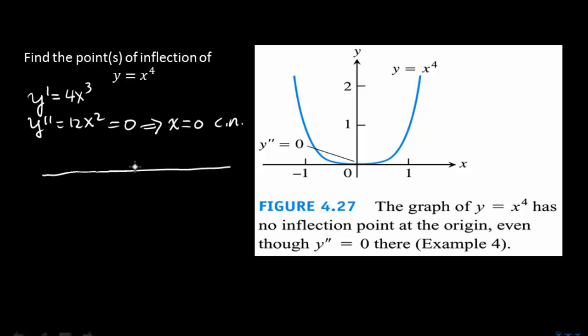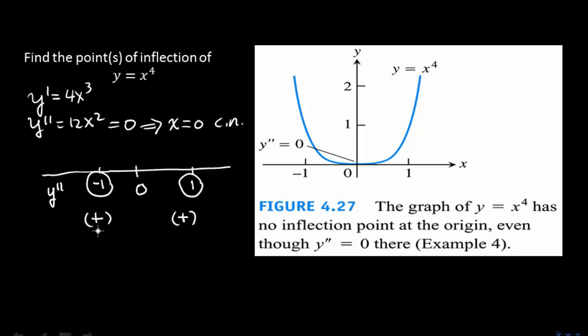So we have to test the sign of y double prime to the left of 0 and to the right of 0. But it's very clear here that if we test -1 and 1, since the second derivative is always x squared, it's positive on this side and positive on this side.